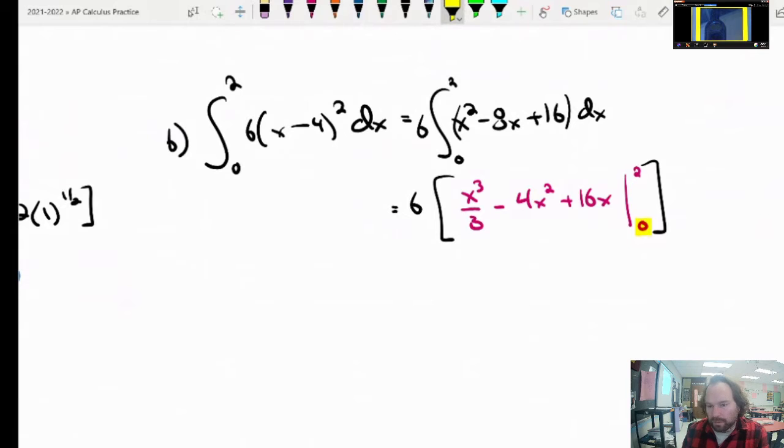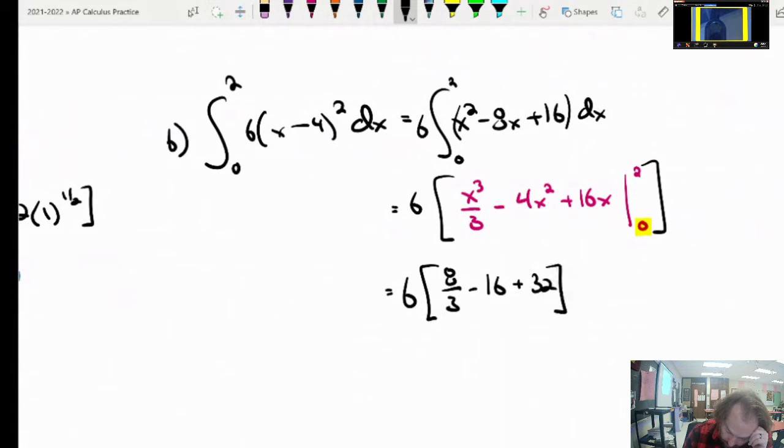So all we really got to do is plug in 2 there. So this is going to be 6 times 2 cubed, which is 8 over 3, minus 4 times 4, which is 16, plus 2 times 16, which is 32. And we're going to multiply that all by 6, which is nice because the 8/3 will actually cancel out nicely. This is going to be 6 times 8/3 plus 16.